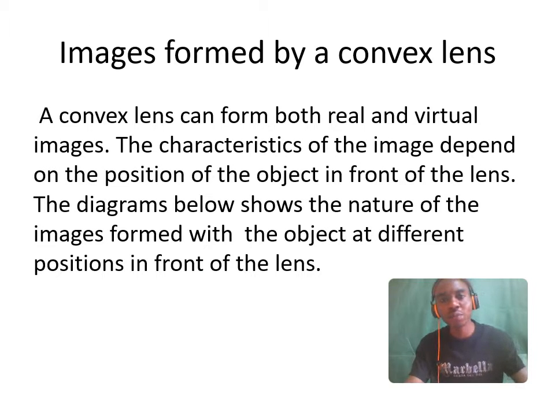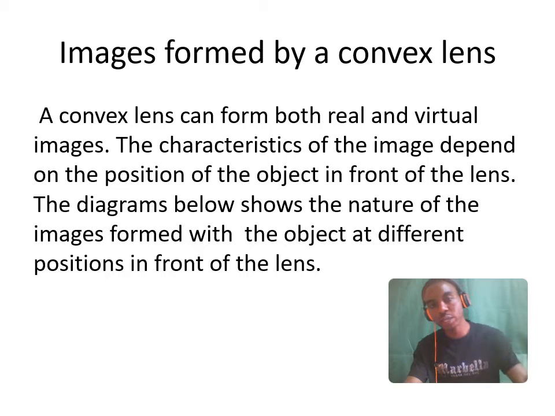Okay, let's look at images formed by convex lenses. Remember, we have images formed by convex lenses, and we equally have images formed by concave lenses. We start with the convex lens. A convex lens can form both real and virtual images. Remember that a real image is an image that can be formed on a screen, while a virtual image is an image that cannot be formed on a screen.